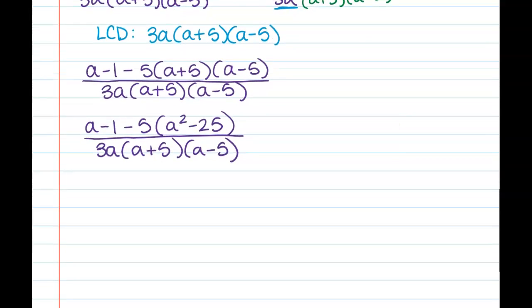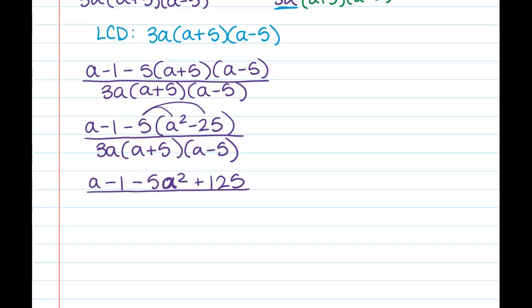We're getting there. So we have a minus 1 minus 5a squared minus 5 times negative 25, which is plus 125, all over 3a times a plus 5 times a minus 5.